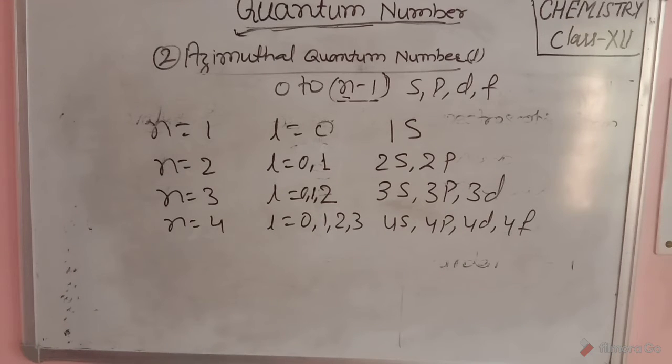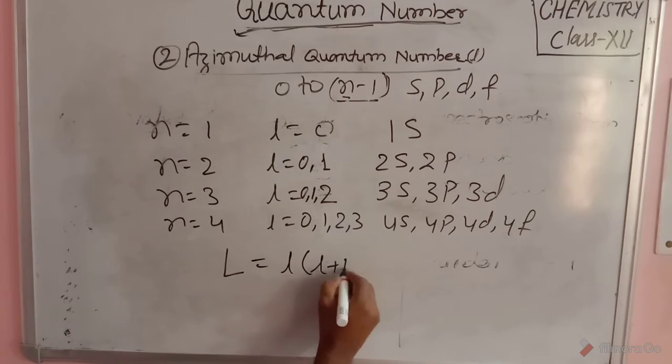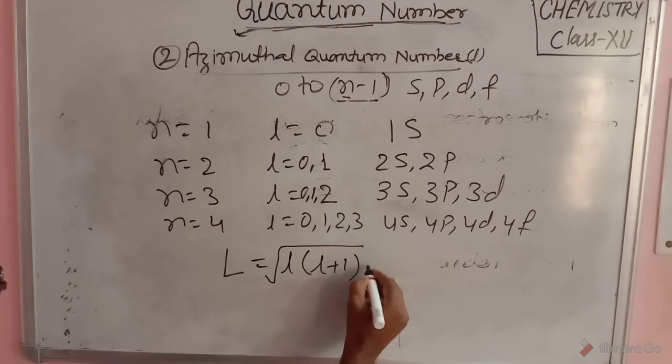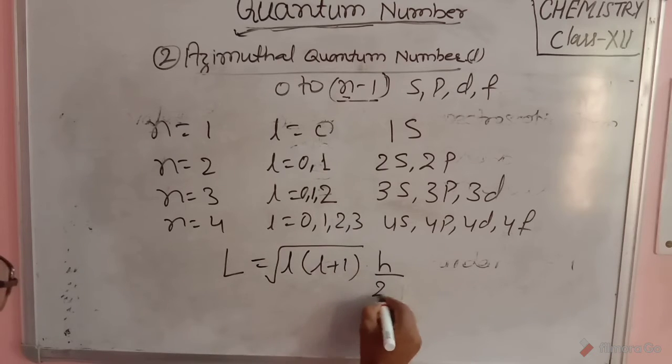This azimuthal quantum number determines the shape of an orbital. And the quantum number also represents the quantized value of angular momentum of an electron in an orbital through the expression, that is L is equal to the square root of L into L plus 1, times h by 2 pi.